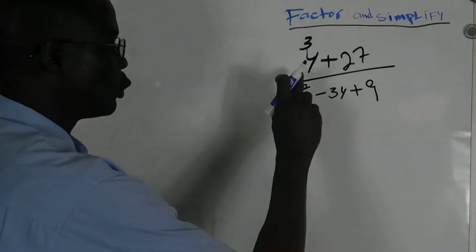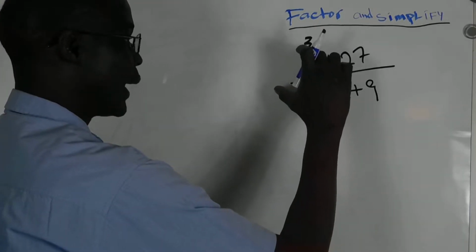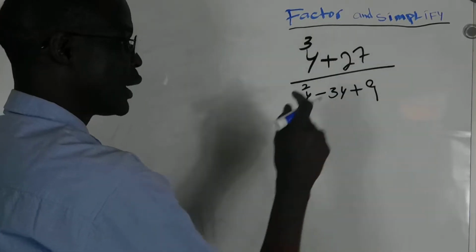So what we're going to do, we're going to look at y power 3 plus 27.